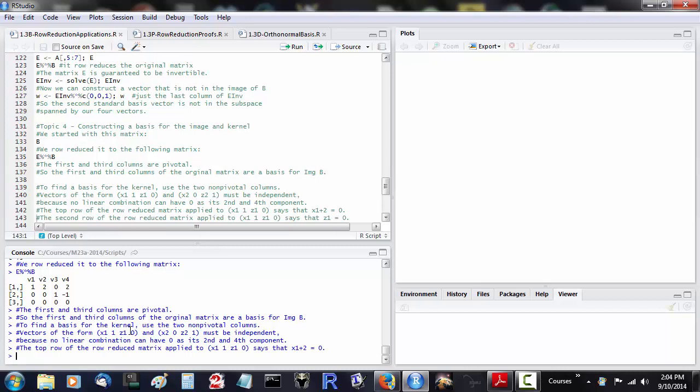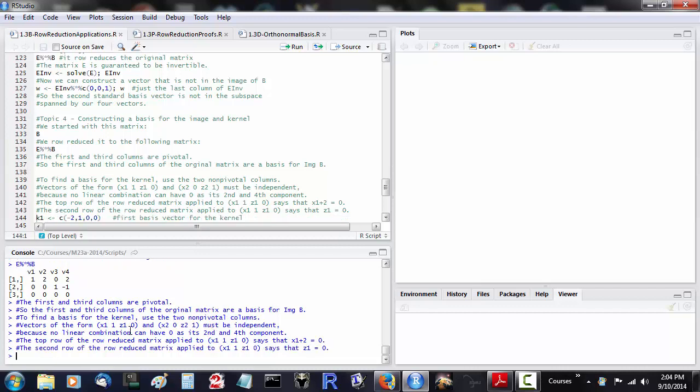So I apply the top row of my row-reduced matrix to my first kernel vector, and when I look at this, I see that the row-reduced matrix tells me that 1 times x1 plus 2 plus everything else is 0 equals 0, and therefore that x1 had better equal 2.